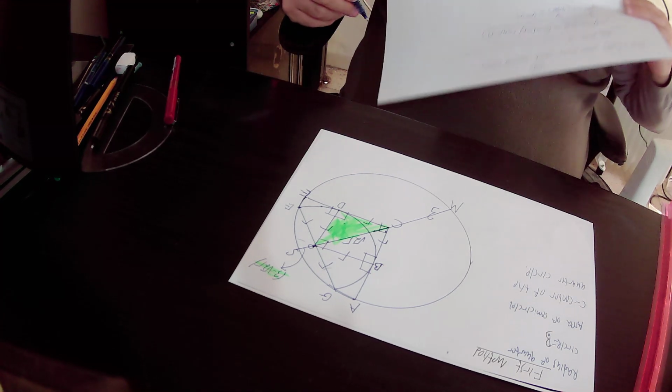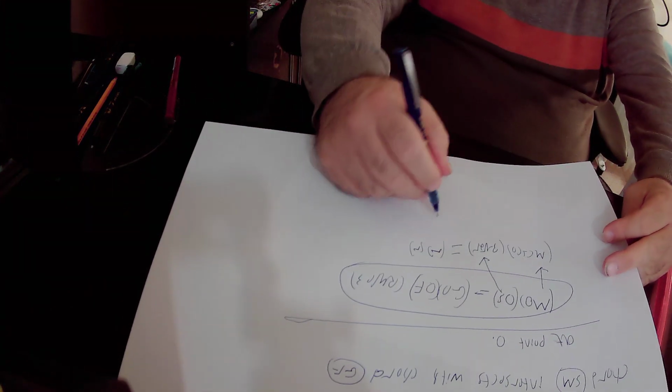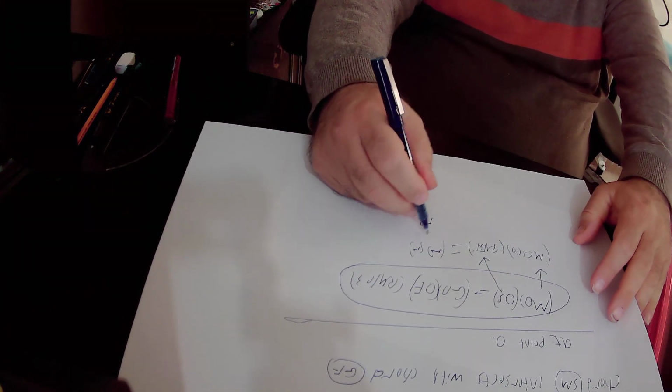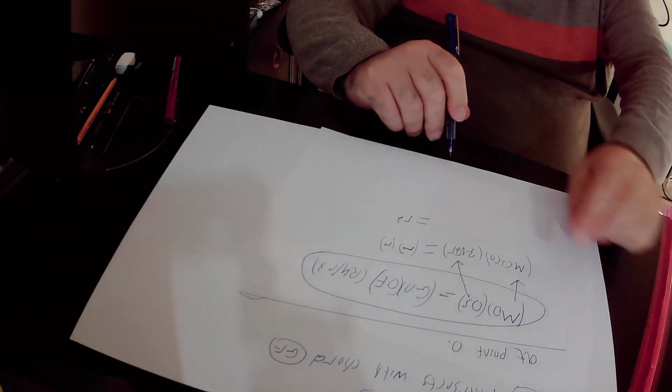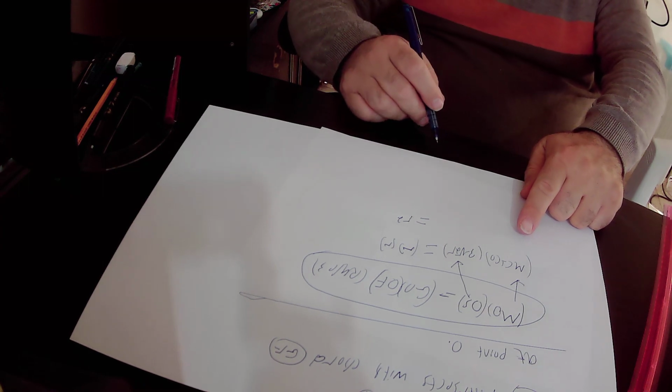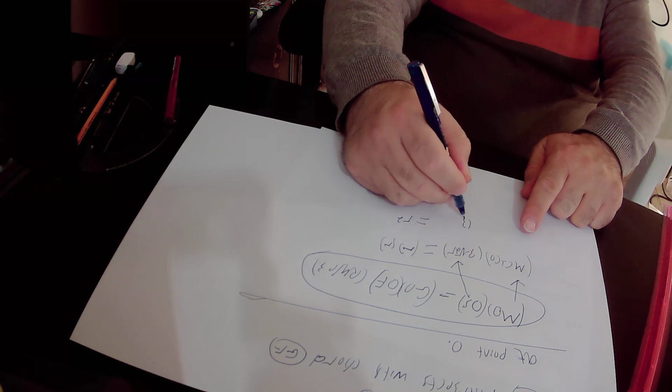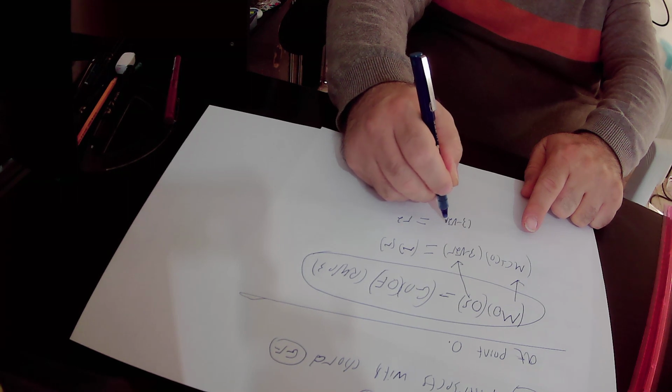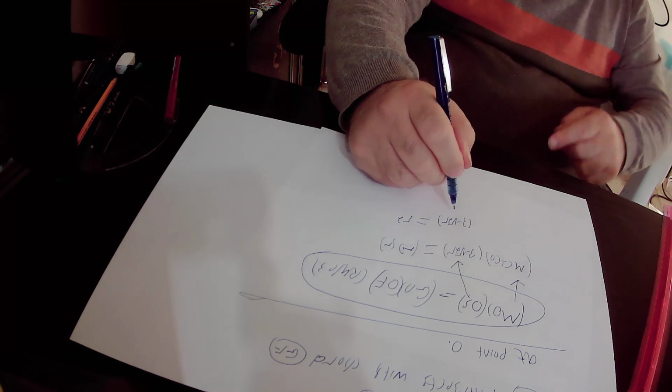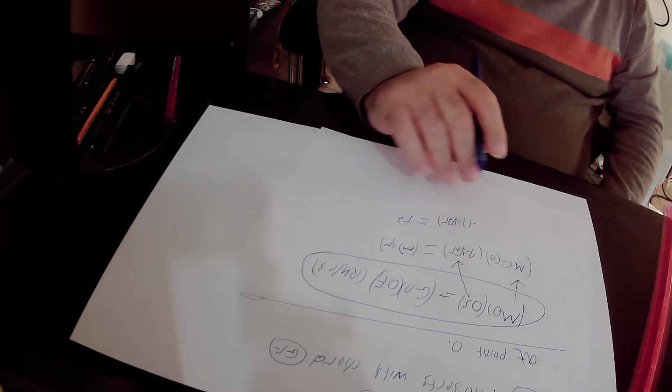R times R is R squared. So in this side of the equation we have R squared, and here we have 3 times square root of 2R times MC.